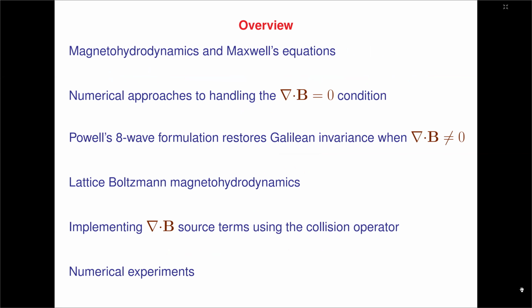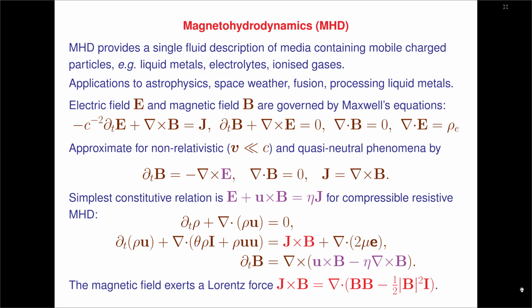And then, okay, so MHD, single fluid description. So unlike, say, Patrick Jenny's talk this morning, we're just going to have a single fluid which has got 2 kinds of charges. We're not going to resolve different species. And you can use this for astrophysics, space weather, liquid metals, fusion, etc. So we start with Maxwell's equations, which in principle have electromagnetic waves and the speed of light in them.